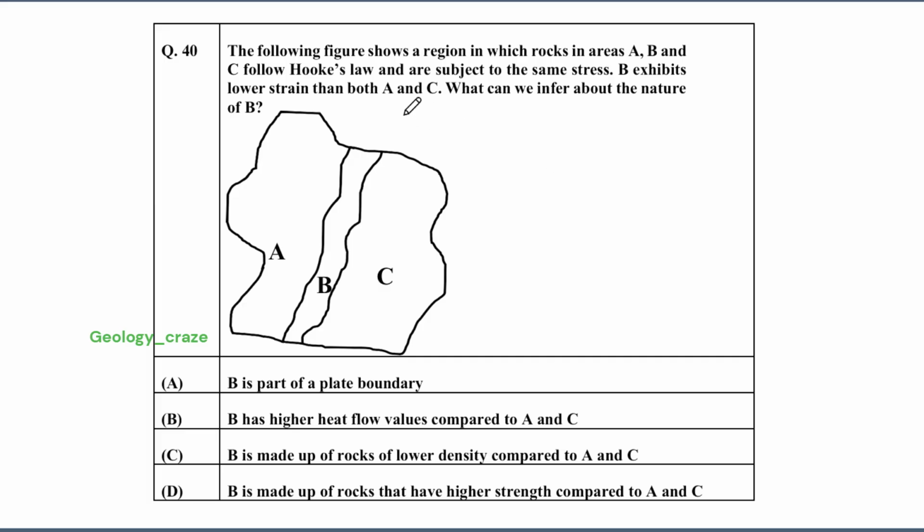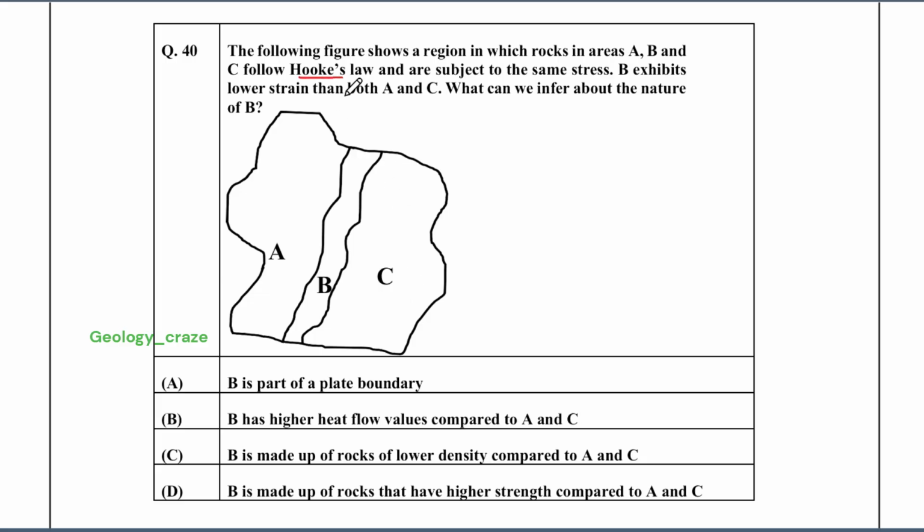In this question, the following figure shows a region in which the rocks in areas A, B, and C follow Hooke's law. All three are rocks following Hooke's law. Whether these rocks are of the same material or not is not mentioned. We'll read further.